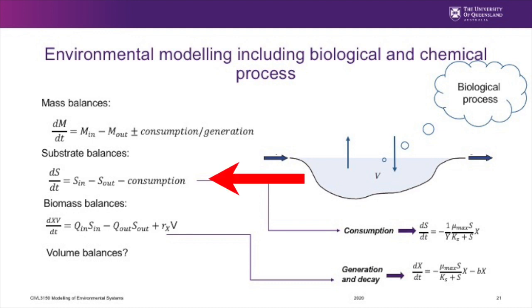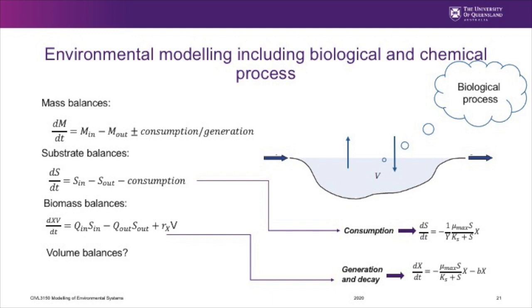If we're talking about substrate balances, it will contain the substrate that is entering the system, the substrate that is leaving the system, and minus the substrate that is being consumed, if we're talking about the interaction with one type of microorganism that consumes this substrate.